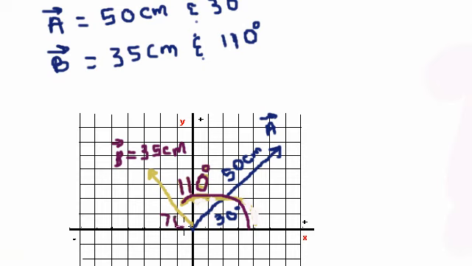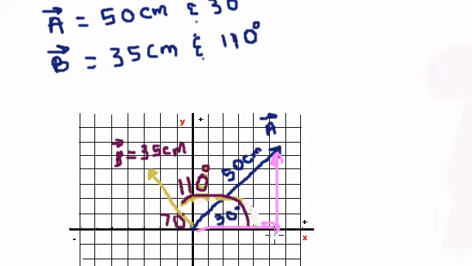70 degrees. Okay, I'm going to use this 70 to find the y component and the x component of the vector. I'm going to draw the components in pink so you guys can see. Here we have a y component. Let me go all the way up. There's a y component, and here we have an x component.